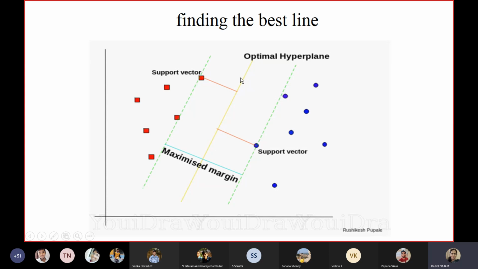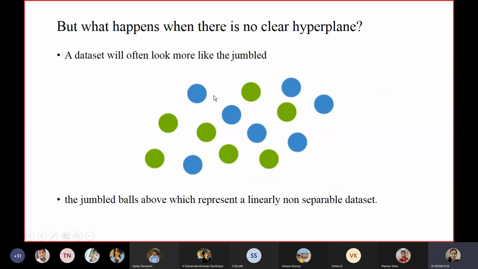This is a plane which is nothing but a line plotted in a two-dimensional graph. Is it possible in this case, where data points of different classes are completely jumbled, to draw a line in the 2D plot? No, the data is completely jumbled. We cannot draw a hyperplane using the 2D graph.